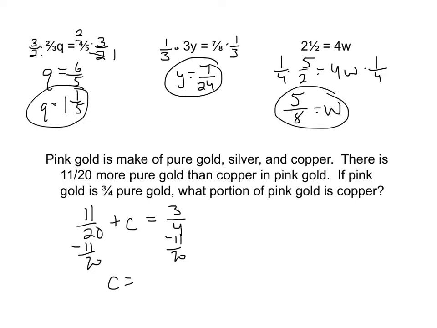So the copper, remember 3/4, so we have to find a common denominator, which would be 20. So times 5, 3 times 5 is 15, minus 11/20 gives us 4/20, or 4 goes into both, which would be 1/5. So the amount of copper in pink gold would be 1/5.